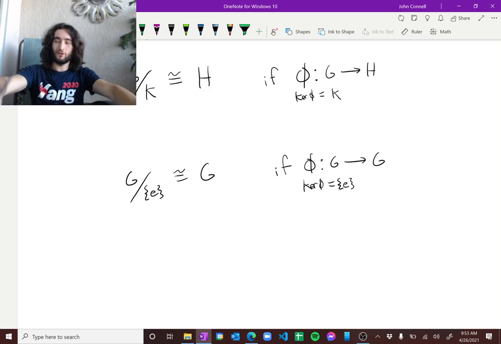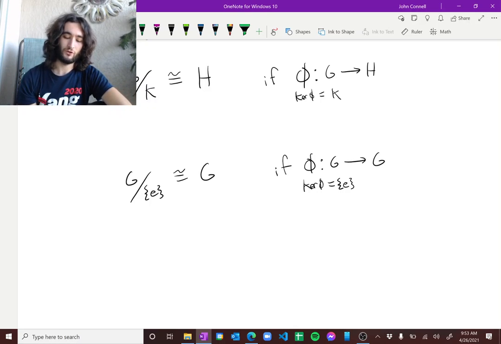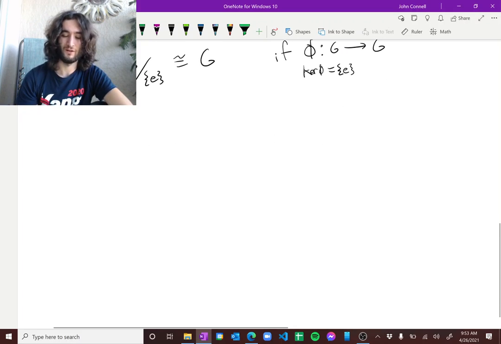So can you think of a function which has those properties? A function which starts from G, goes to G, and the kernel is just the identity. One function should hopefully come to mind: the identity function.